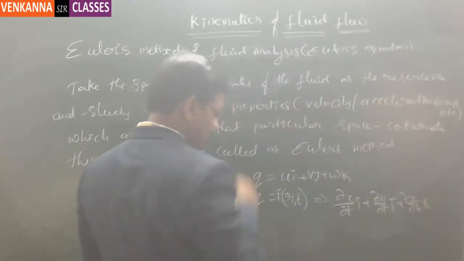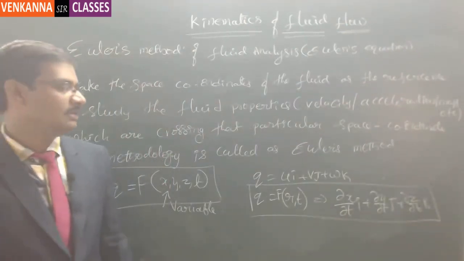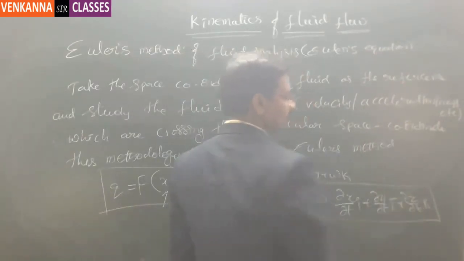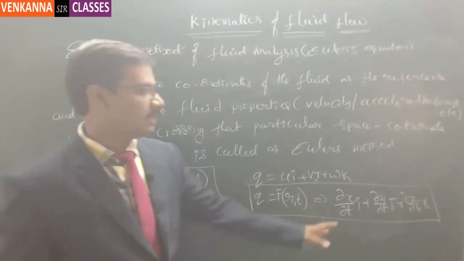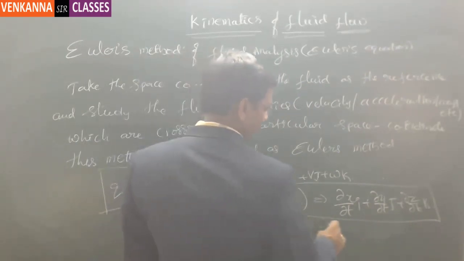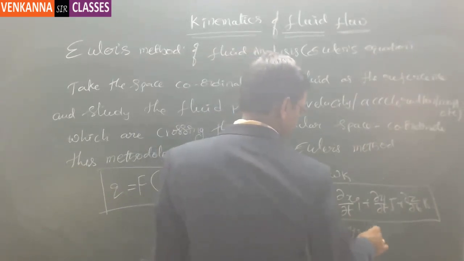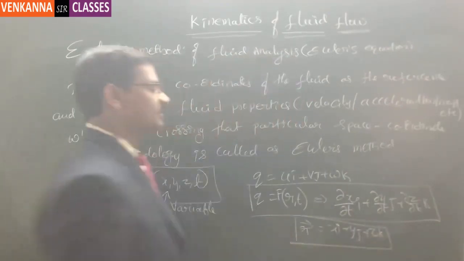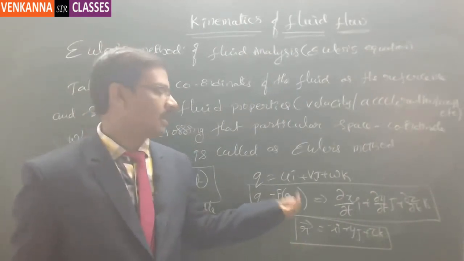So this is how the velocity, a fluid property, was expressed in this format. Here if you notice, all these are functions of the space coordinates and time altogether. So here f of r comma t, where r is nothing but x i plus y j plus z k. So you are expressing this as a function of r comma t, that means the space coordinate and the time together.